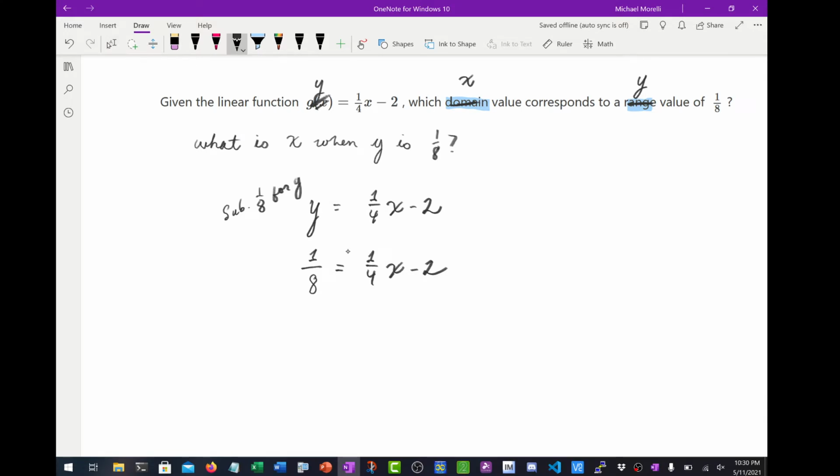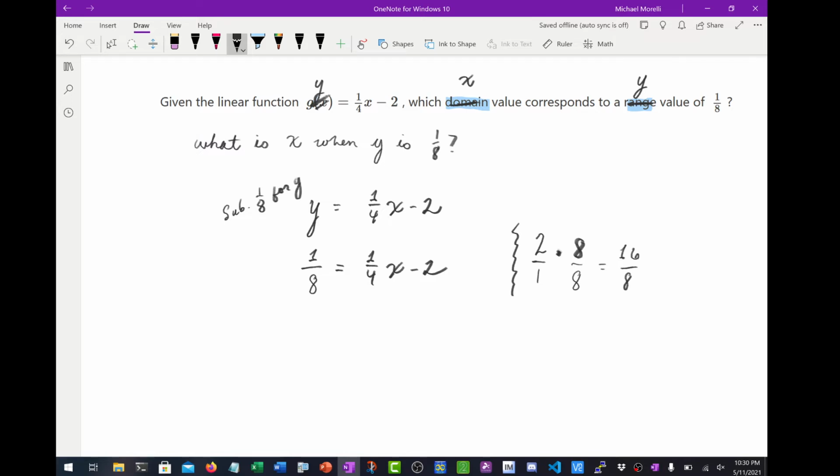Now, my first step here would be to add 2 to both sides. But when I'm looking over here, I see that I've got 1/8. And so I need to convert 2 into some number with a base of 8 in the denominator. All right, so you got to think about that. What would you do? Well, I would multiply 2 over 1 times 8 over 8. And that would give me 16 over 8. Just a little side work here.